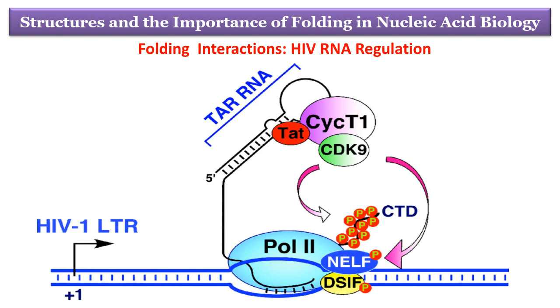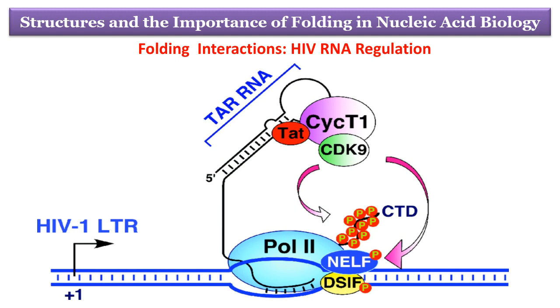The transcriptional regulation of this virus requires specific binding of TAT protein with the transcription responsive region TAR of RNA, a stem loop structure containing a bulge and present at the 5' end of all messenger RNA. This binding of TAT protein and TAR region causes a substantial increase in the mRNA level.